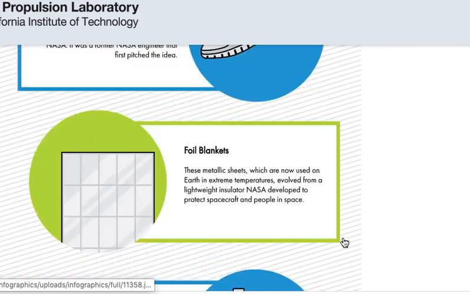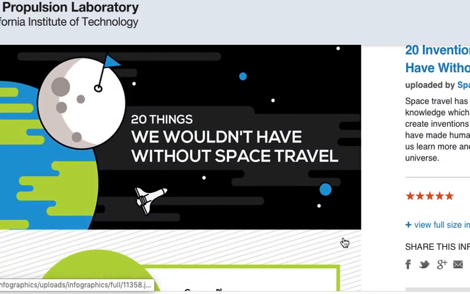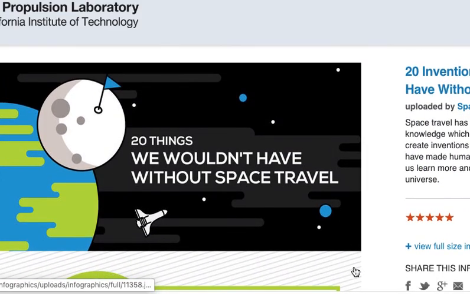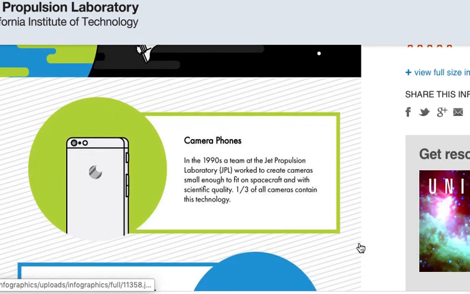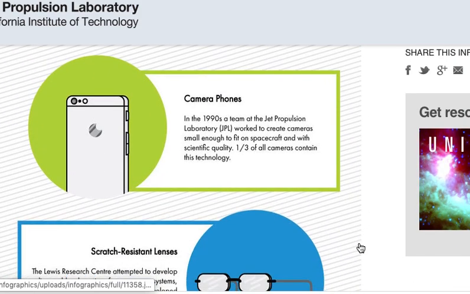All of these things were invented for space, and if we hadn't put money towards those programs, they wouldn't be around. A lot of times people say that space travel is a big waste of money, but it's actually the program and the problem solving that is contributing to a lot of greater knowledge that we use here on Earth.